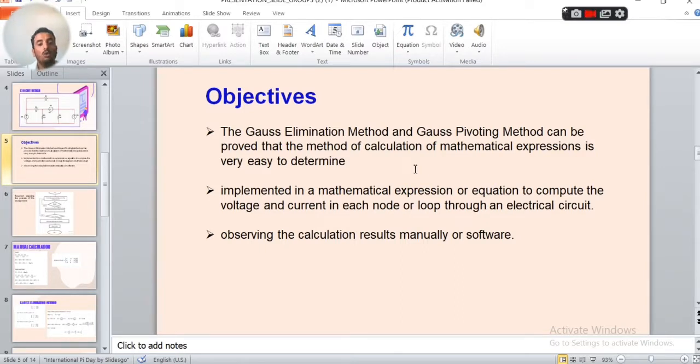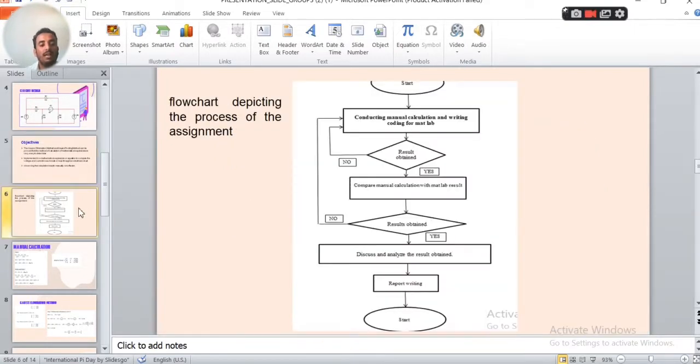Also, we observe the calculation result manually and by software and compare the answers, and we get the same final result.